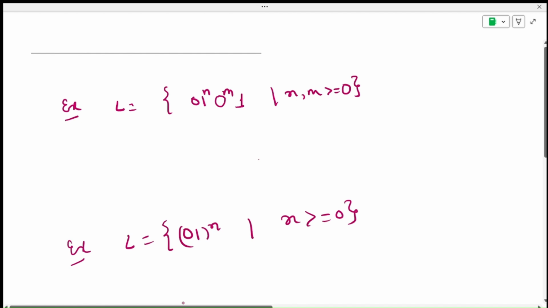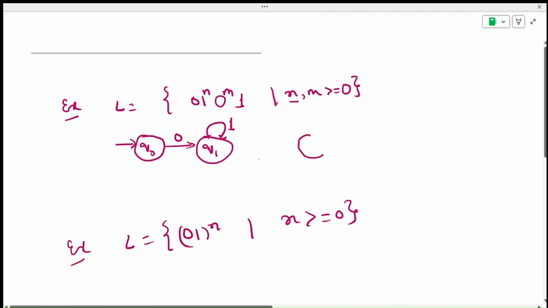I can just make this diagram very simply. Q0 on reading 0 is going to some state Q1, where it reads any number of 1s, as n is greater than or equal to 0, and make one more diagram.